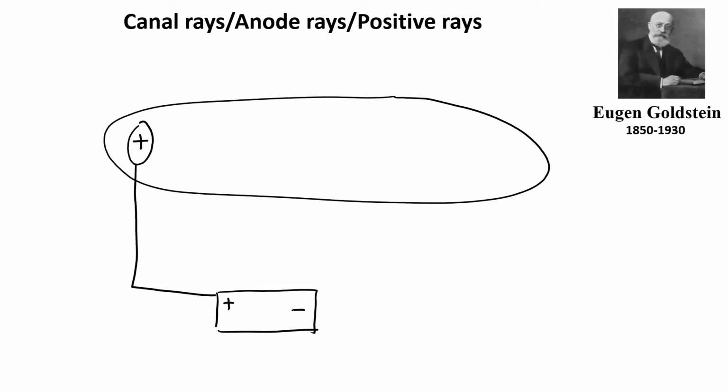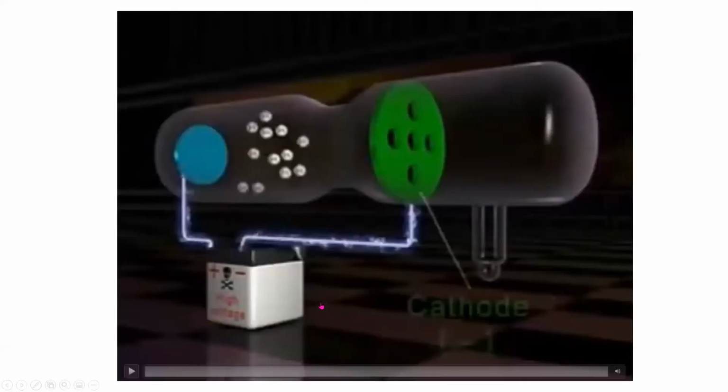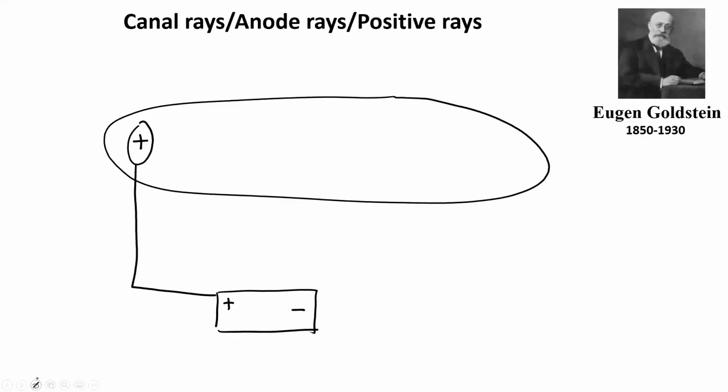And then you have the negative end. Instead of placing the cathode in the far end, as you can recall in the previous setups where the cathode and the anode were in the far ends, he placed it somewhere in the middle area.